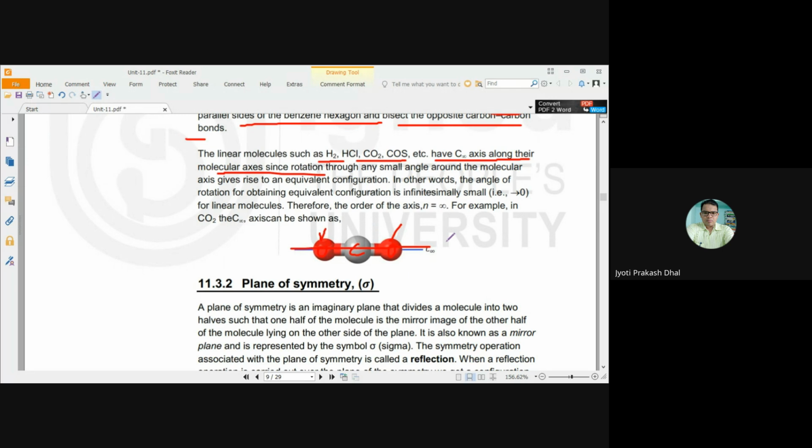So that is called the C infinity axis along the molecular axis, since rotation through any small angle around the molecular axis gives rise to an equivalent configuration. In other words, the angle of rotation for obtaining an equivalent configuration is infinitesimally small, that is it tends to 0 for a linear molecule. Therefore, the order of the axis n equals infinity. For example, in the case of carbon dioxide, a C infinity axis can be observed.